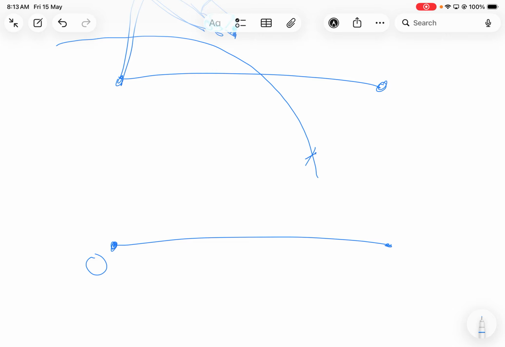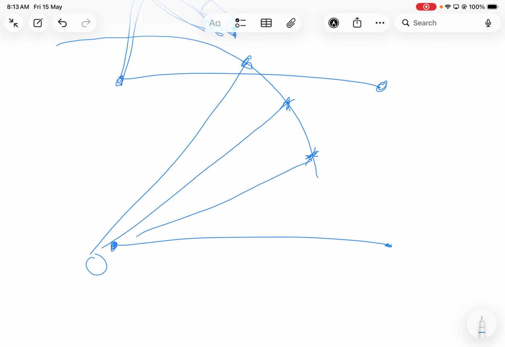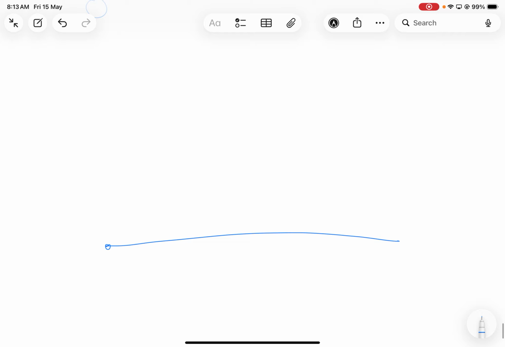Meaning, this point is the same distance from O, this point is the same distance from O, this point is the same distance from O. So now, after I have an arc like that, every point here is the same distance from here.